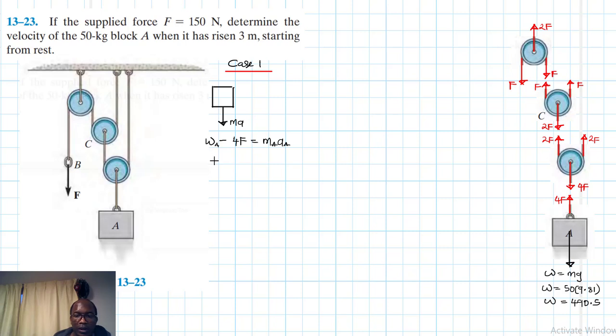W, we calculated this already, is 490.5, minus 4F.